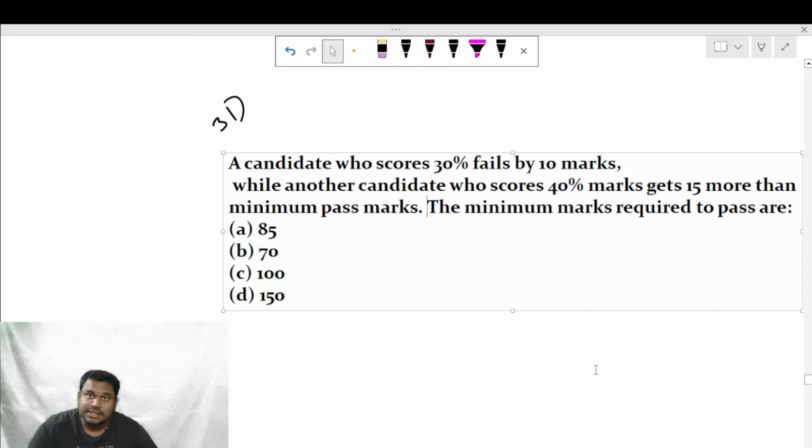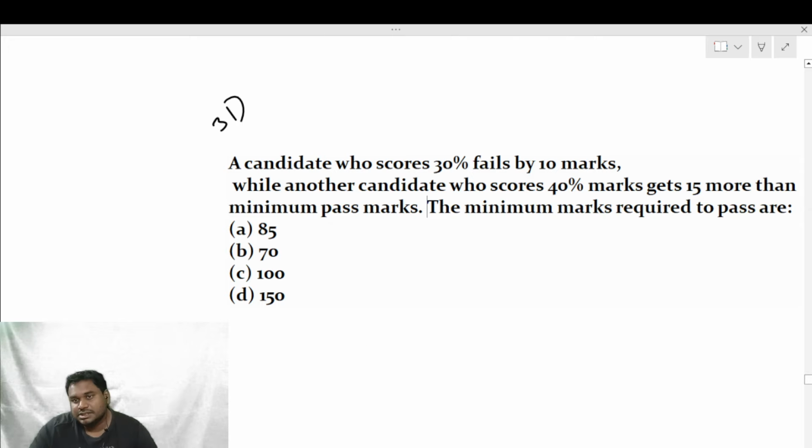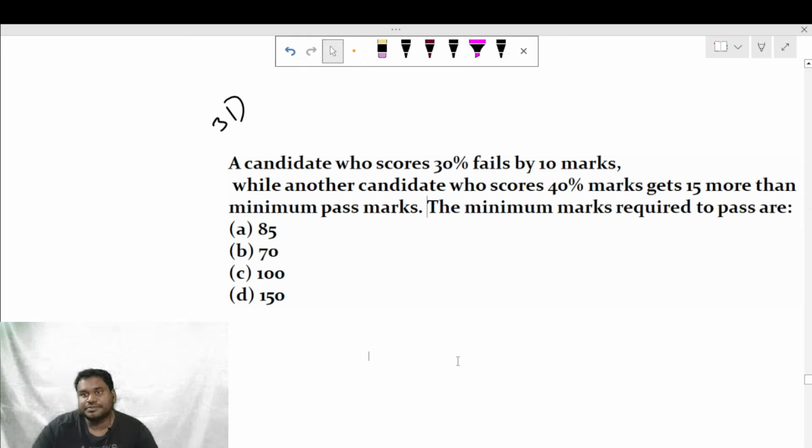Another candidate scores 40% marks and passes the exam, with 15 extra marks above the pass mark. We need the minimum marks required to pass.